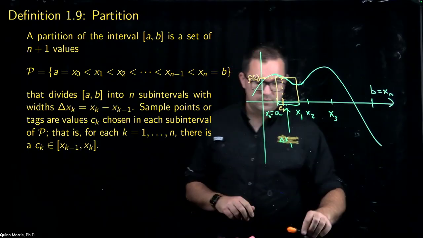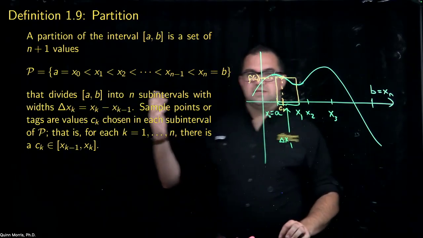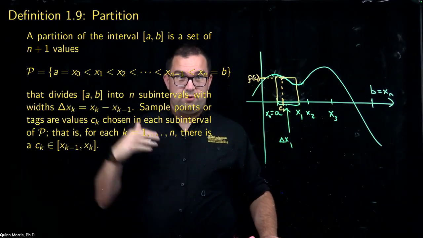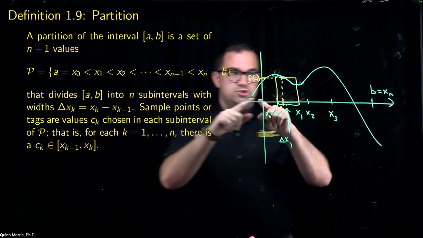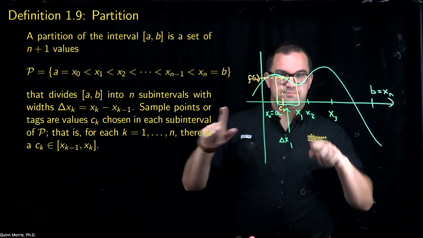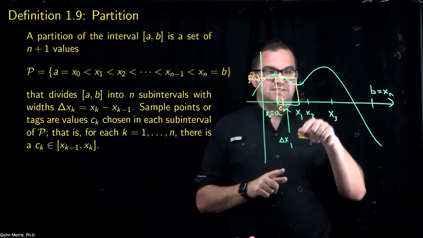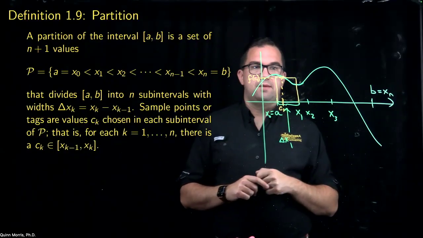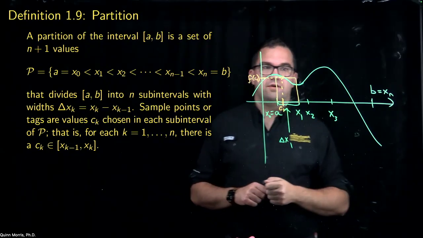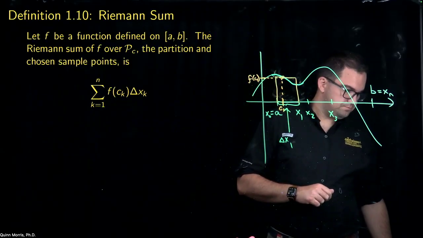All of this has really been basically 2 definitions: the definition of a partition that defines all my little subintervals in the domain, and tags, which are points selected from each of the subintervals, which help me determine what eventually will be the height of my rectangle.